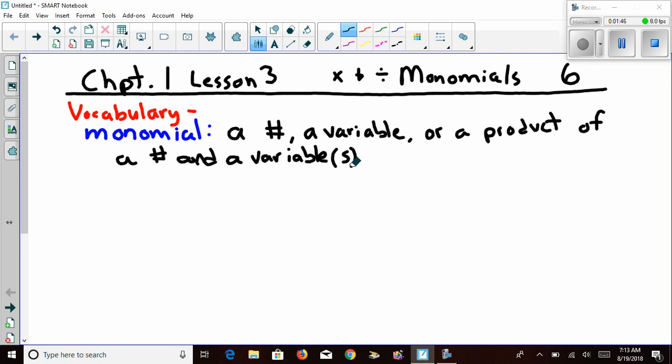You guys have seen examples of this before. Essentially, examples of monomials could be just the number 5. It could be 5x. It could be 5xyz.